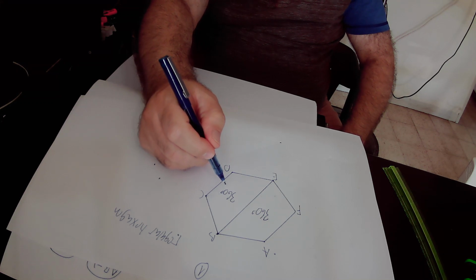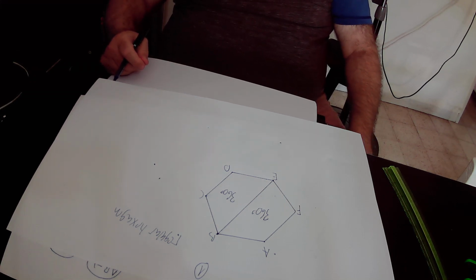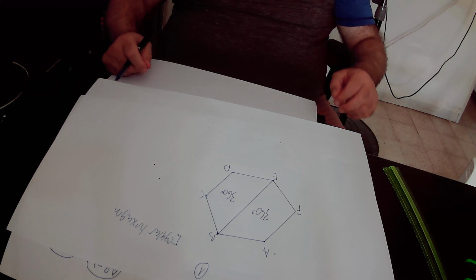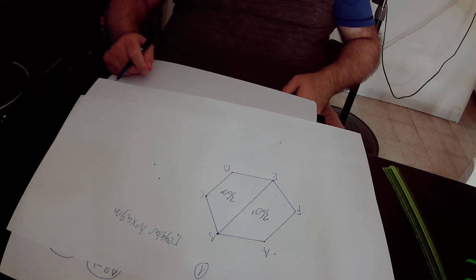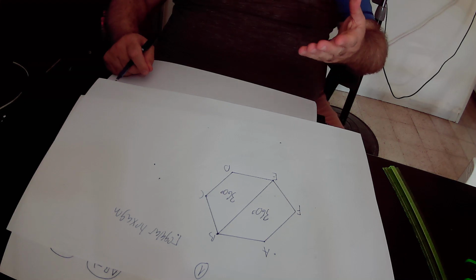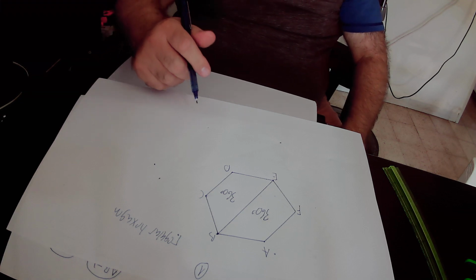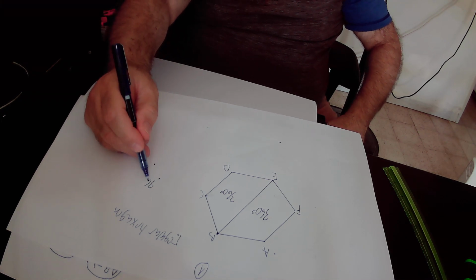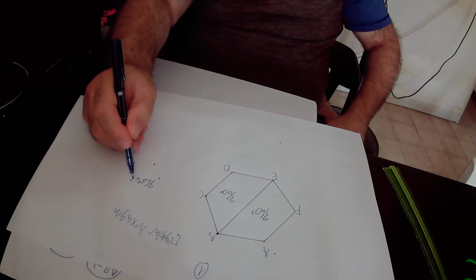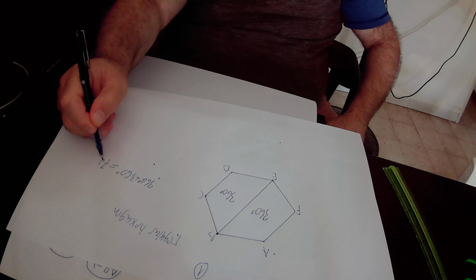So it is obvious that the sum of the angles in both quadrilaterals will be equal to the sum of the angles in this regular hexagon. So the sum of the angles in those 2 quadrilaterals is 360 degrees plus 360 degrees. That is to say, it is equal to 720 degrees.